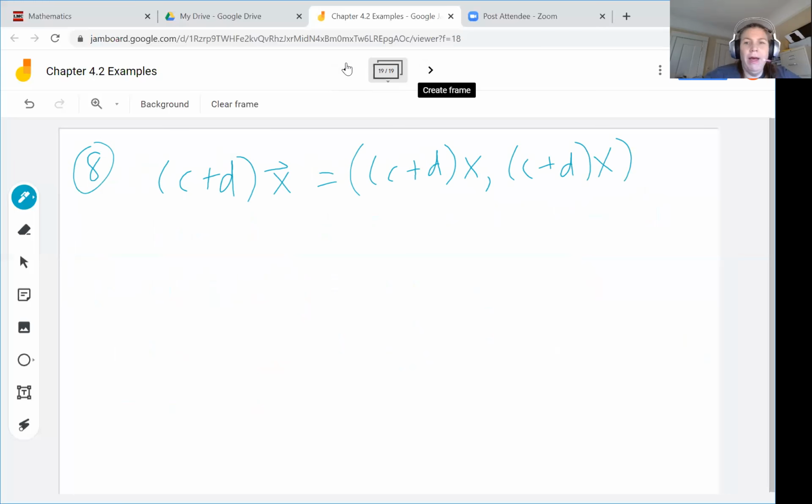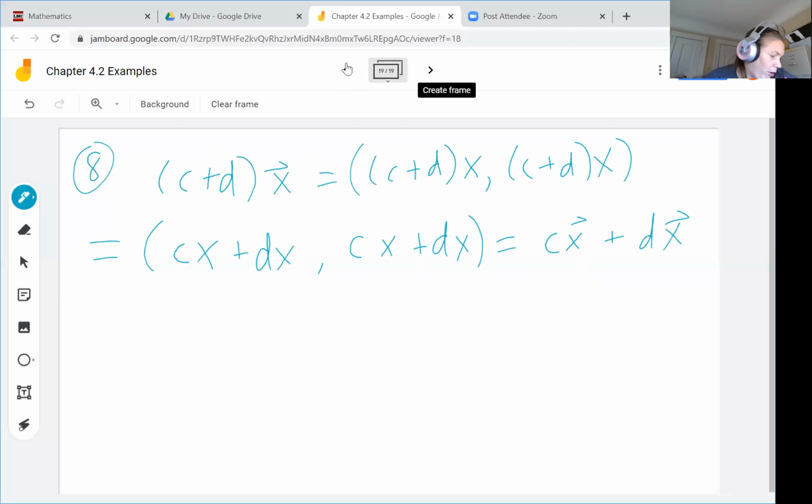And then we know by properties of real numbers that this is going to be cx plus dx, because c, d, and x are all real numbers. And the same thing here, cx plus dx. And so then we know, well, this is just able to be c times x plus d times x. So property 8, the distributive property under adding scalars and then multiplying through, holds.